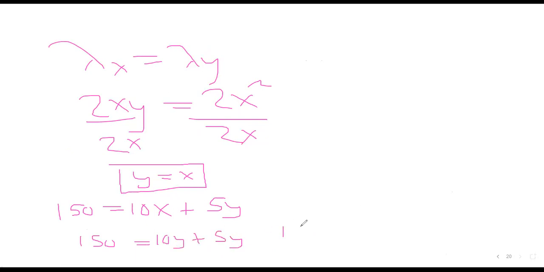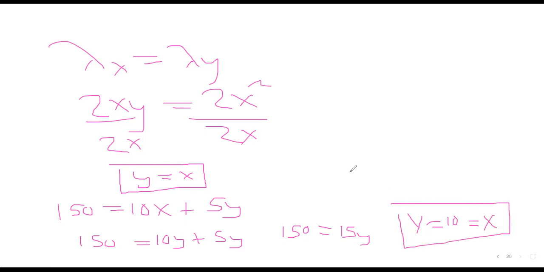So 150 is equal to 15y. So here we're going to have y is equal to 10. So if x is equal to y, these are the same. So you get your 25 marks, even for using the Lagrangian function.